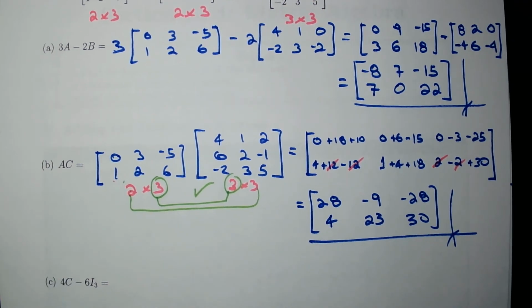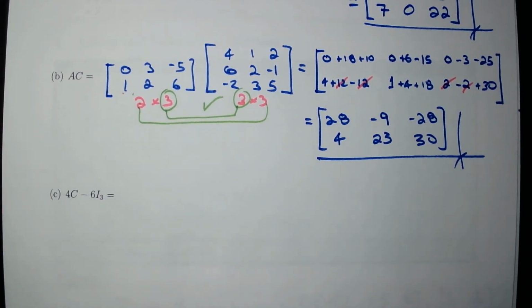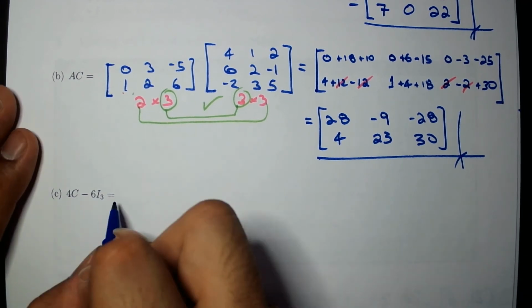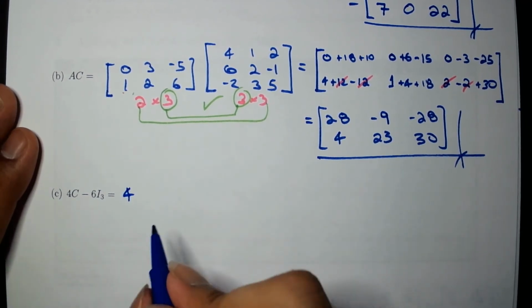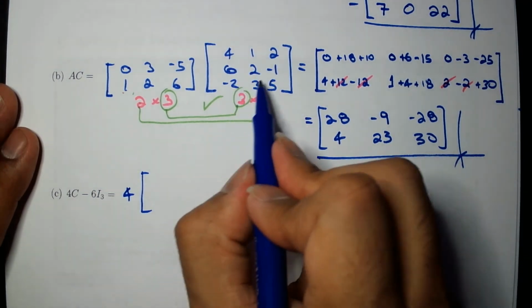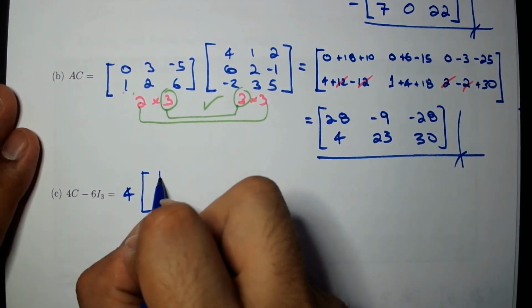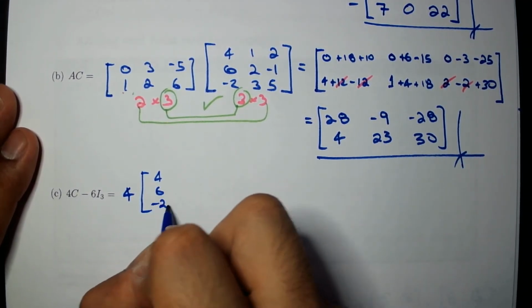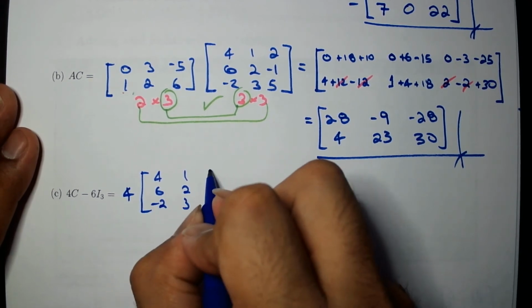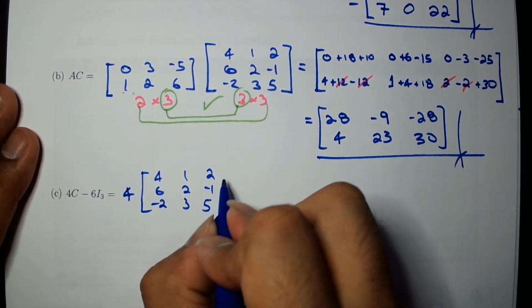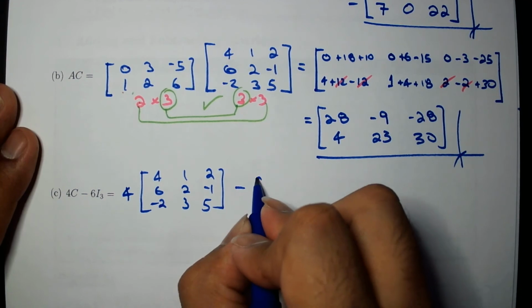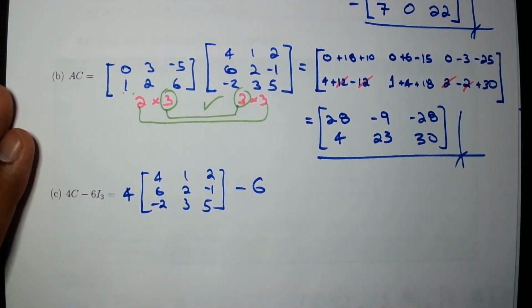All right. Last but not least, 4C minus 6 I3. Well, what about that? So the constant 4 times the matrix C, which we have here: 4, 1, 2, 6, 2, -4, -2, 3, 5. Minus 6 times I3. What did we say about I3?